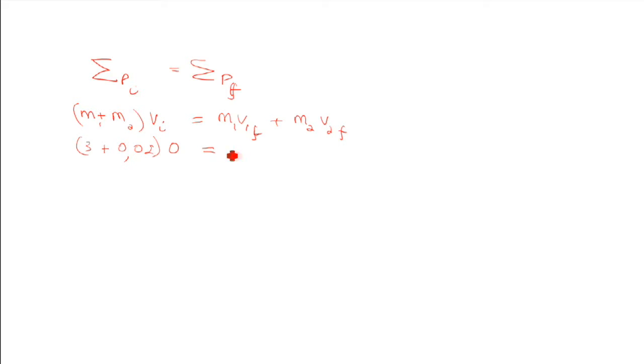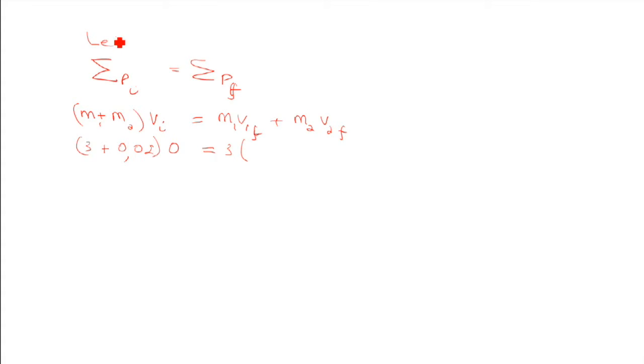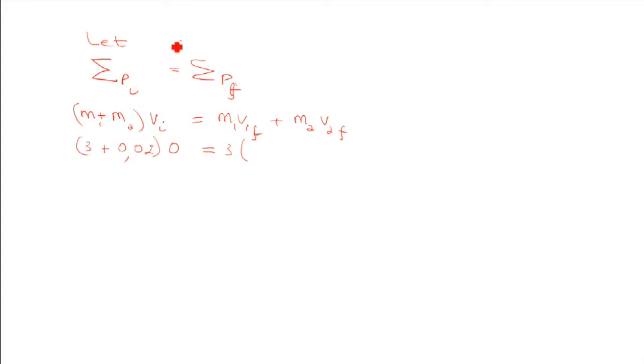Mass 1 is 3, multiplied by, now the problem. In terms of momentum, as in projectile motion, we always have to choose the direction. So let's say going this way, to the left, is positive.